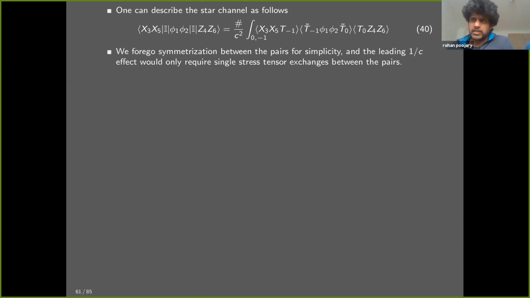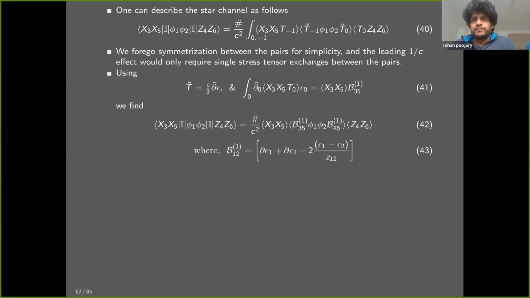Okay, and just for simplicity's sake, we'll forego symmetrization, and it can be shown that the leading piece in 1 over c only requires this kind of single stress tensor exchange. Of course, if you put more stress tensor exchanges, it will be further subdominant in 1 over c, but it's a bit of a computation to show that it would be that way, but we can show it.